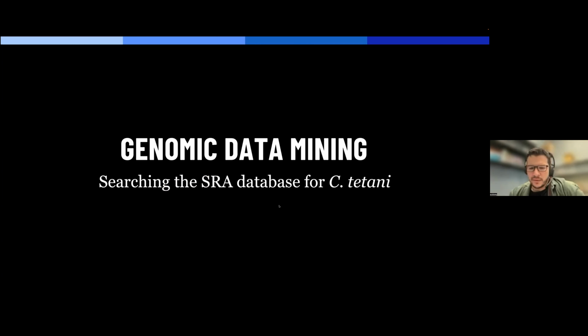And that's really what started this project, and I'm going to talk to you about it. We wanted to use publicly available data in the SRA to do a very broad, large-scale search for this organism that we were interested in, Clostridium tetani.